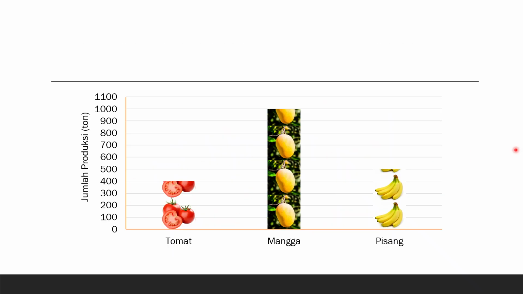And here is the last alternative I show you. You can also make a bar chart, but also input the picture inside according to, for example, the names of the product. And you can use this method of displaying the data in your PowerPoint presentation, but I will not recommend you to put this in your thesis.